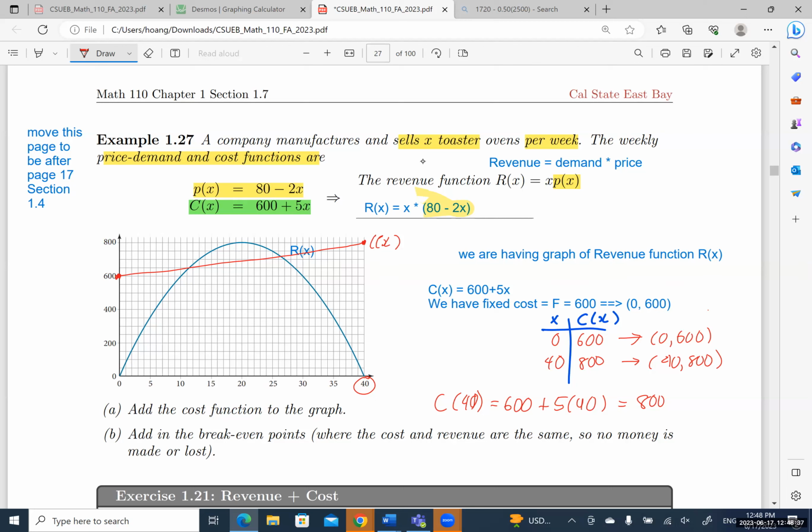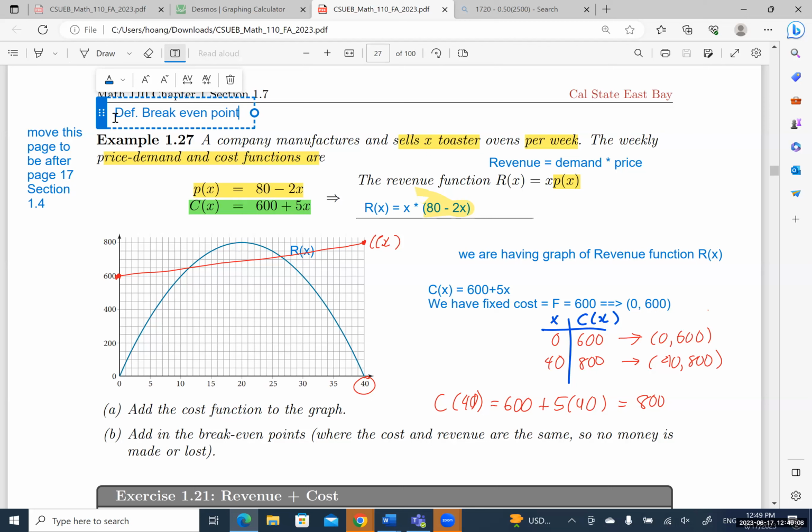Okay, now they ask about the break-even point. So keep in mind that we need the definition of break-even point. I would like to put down the definition of break-even over here. What is a break-even point in business? Okay, think of that.